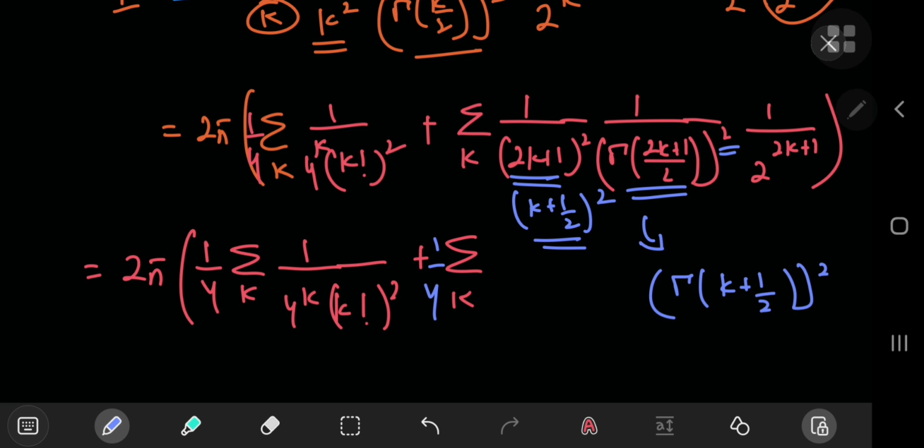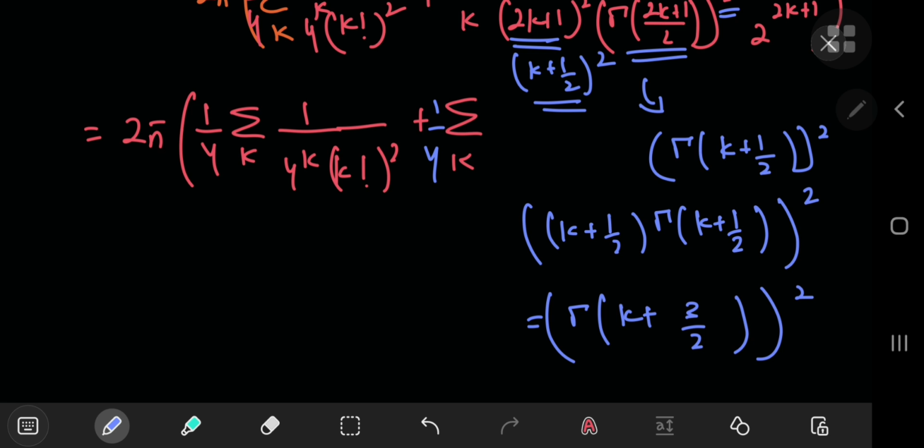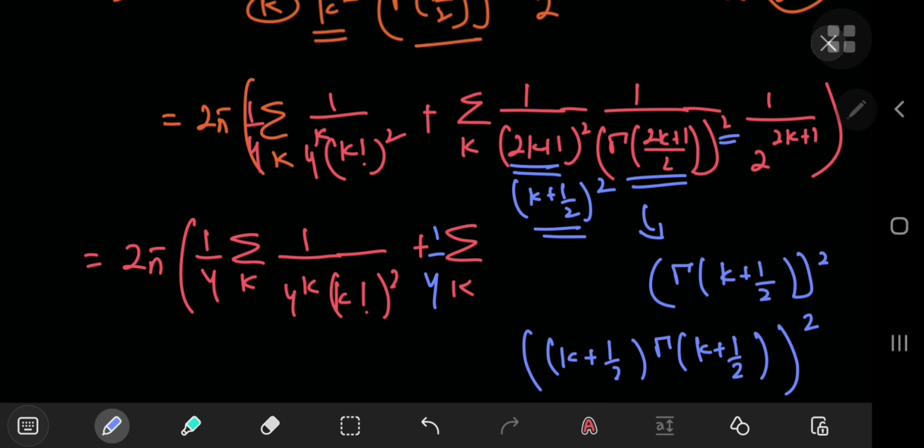And same reasoning as before. If you have a k plus 1/2 times gamma k plus 1/2, then using the recursive relation for the gamma function, this will be equal to gamma of k plus 1/2 plus 1. And 1/2 plus 1 is 3 by 2, right? So what you have in the denominator is this function here.